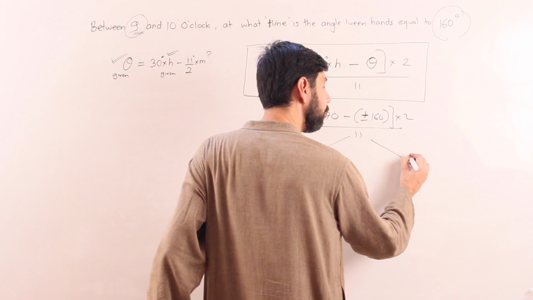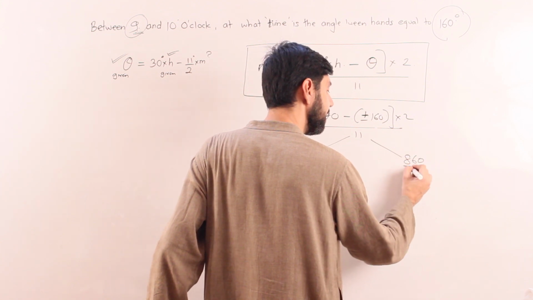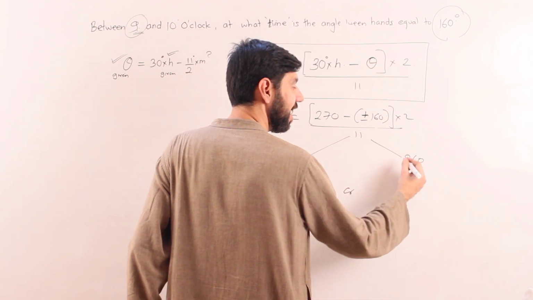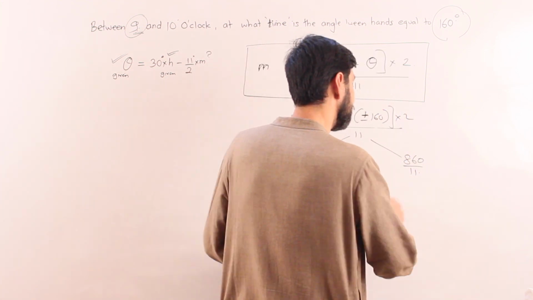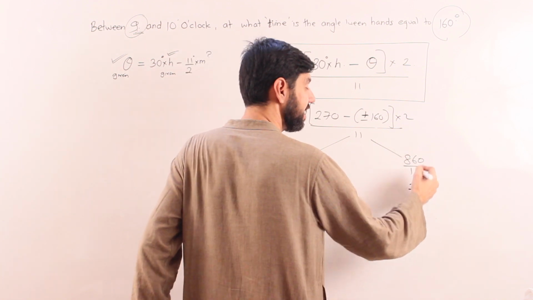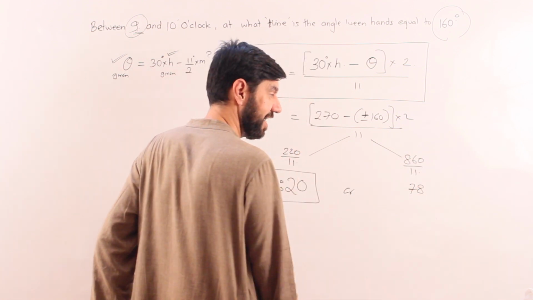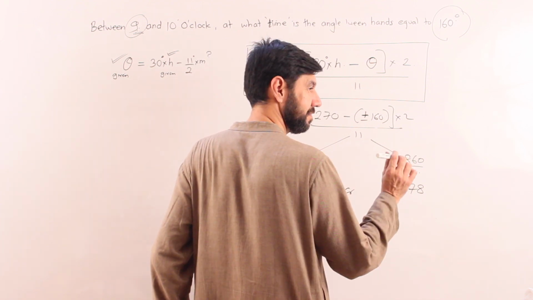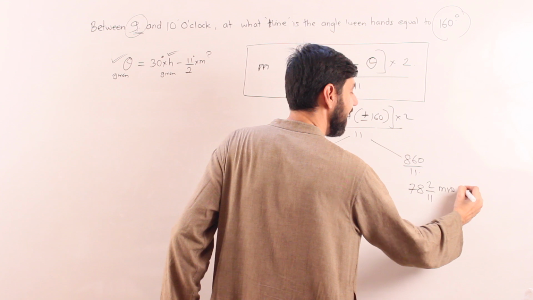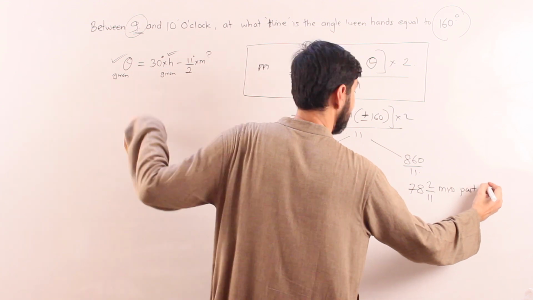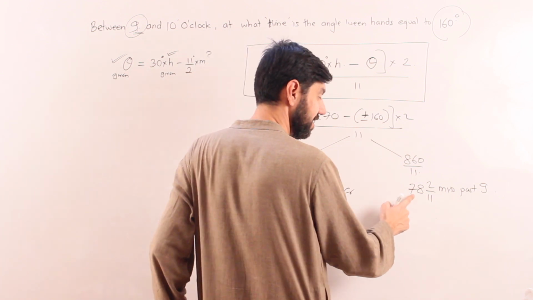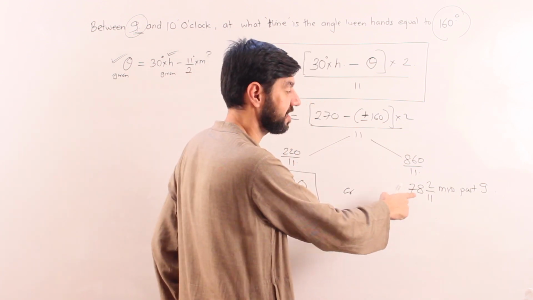And when you double 430, you get 860 by 11, which is 11 7s are 77, 90, 11 8s are 88, 2 by 11. These many minutes past 9, which, to be very honest, is more than an hour if you have noticed, 78 minutes.